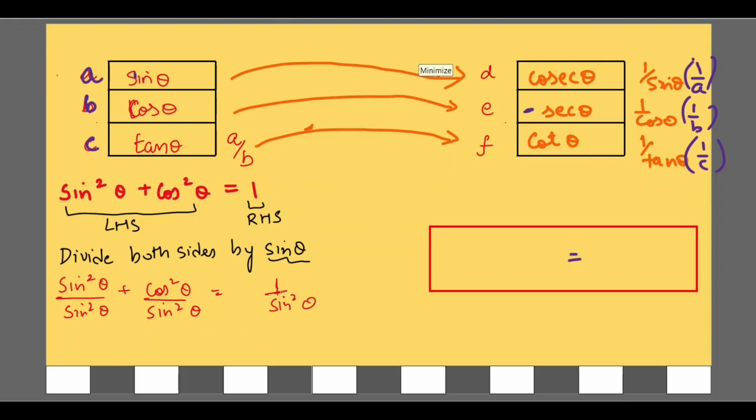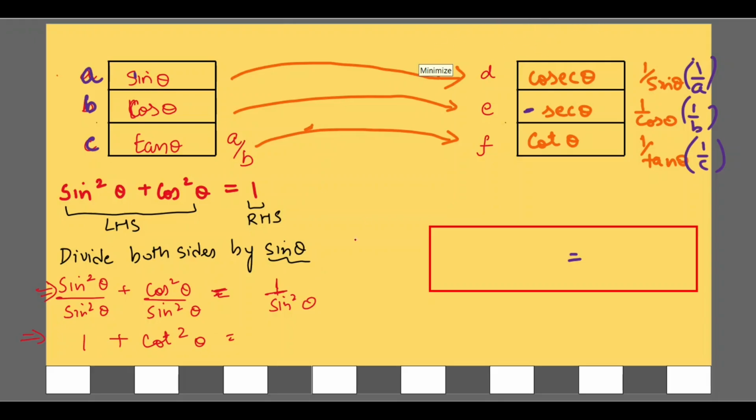I can take the liberty of dividing both sides by sine square theta because ultimately they can be factorized. So sine square theta by sine square theta is 1 plus cosine by sine. Now cosine by sine is nothing but the inverse of tan. Tan was sine by cos, so this will be cos by sine, which is cotangent theta. And 1 over sine square is cosecant square theta.